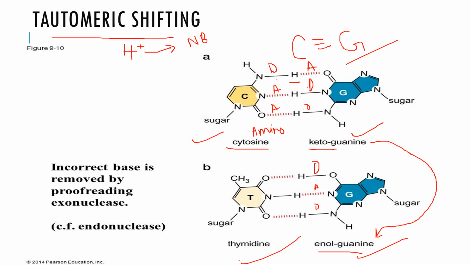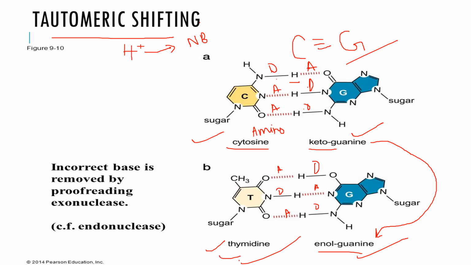It will form a bond with thymine, because the enol form of guanine pairs with the base that has acceptor, donor and acceptor, and thymine has all these things. So enol guanine will make a bond with thymine.